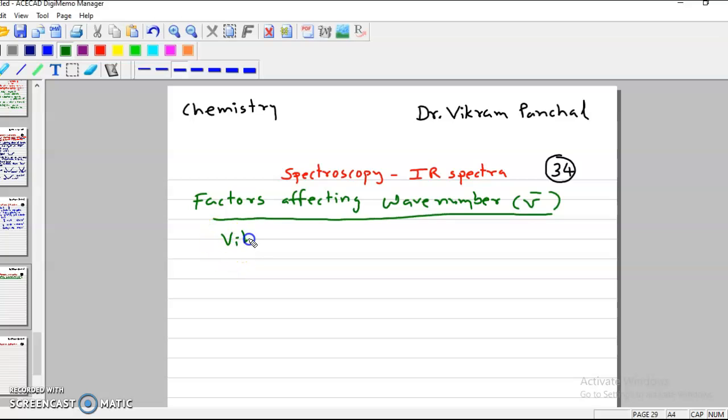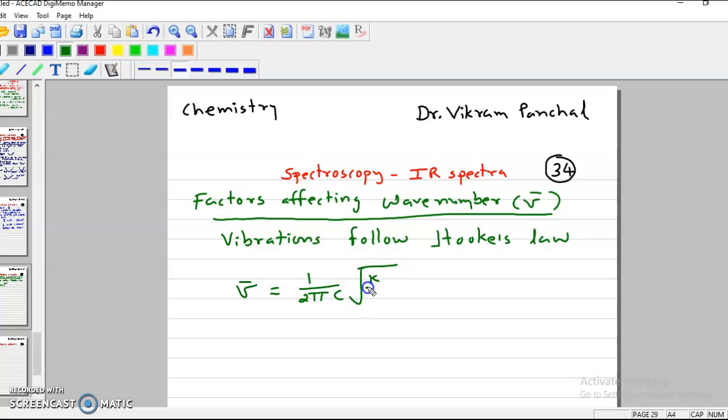You know, vibrations of molecule follows Hooke's law. You must have studied Hooke's law in physics. Okay, and there is very famous equation for that, that mu bar is equal to 1 upon 2 pi c into root k upon mu. Okay, here this is wave number, and therefore the unit will be centimeter inverse.